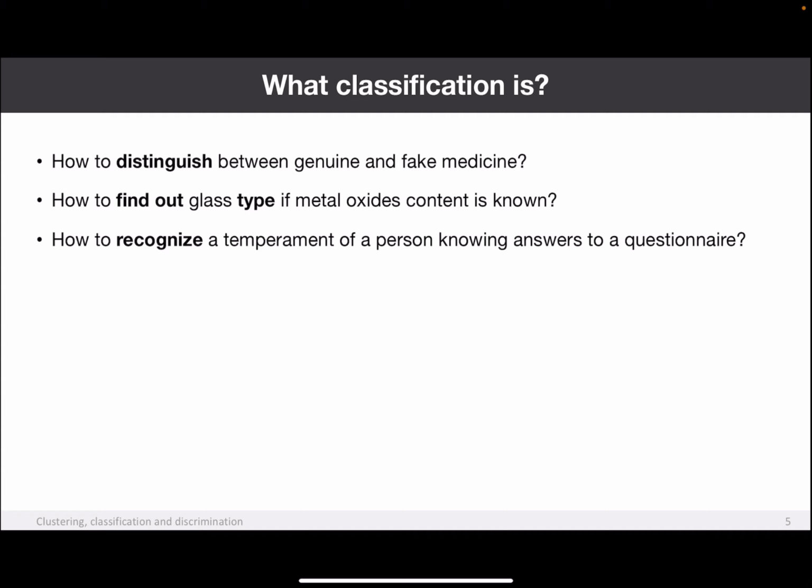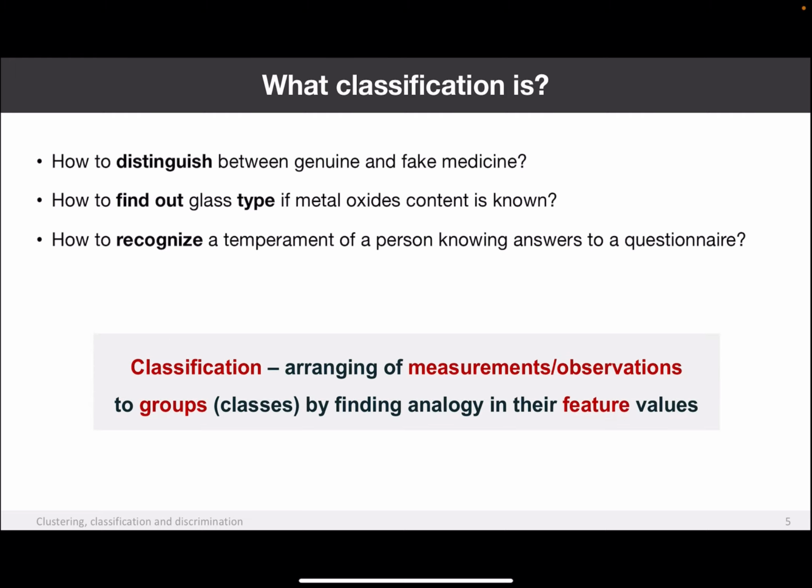For example, how to distinguish between genuine and fake medicine, how to find out glass type if metal oxides content is known, right? How to recognize a temperament of a person knowing answers to a questionnaire. So you can see that in all these cases we use specific verbs like distinguish, find out, recognize, and so on. So we can sort of summarize this by creating our own definition.